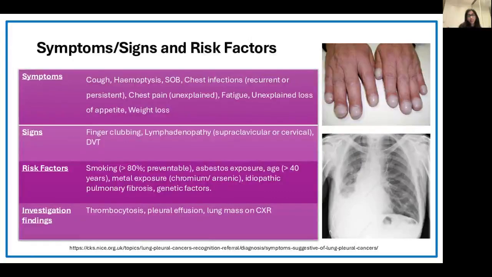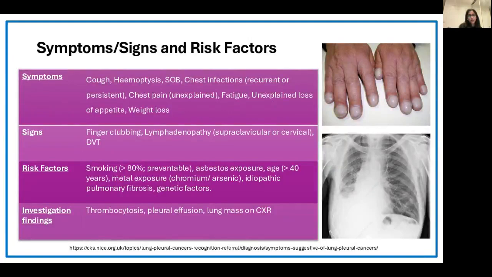Hemoptysis is a very common sign as well, clinically very important, and it's one of the red flags that we worry about with lung cancers. You get shortness of breath, chest pain, and I put in brackets unexplained, so it's not really explained by any other pathology like MI or musculoskeletal pain. That is something that's worth looking into as well.